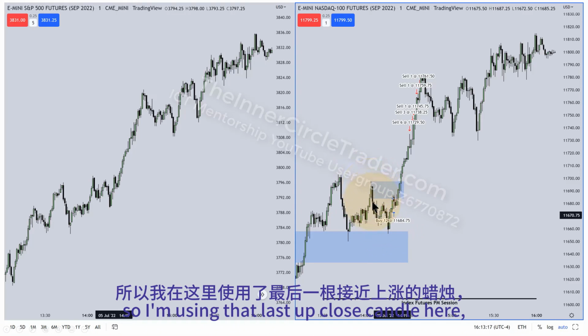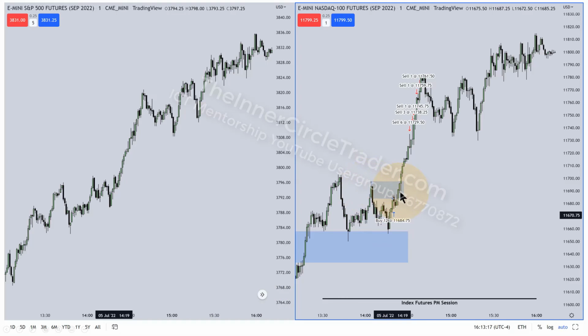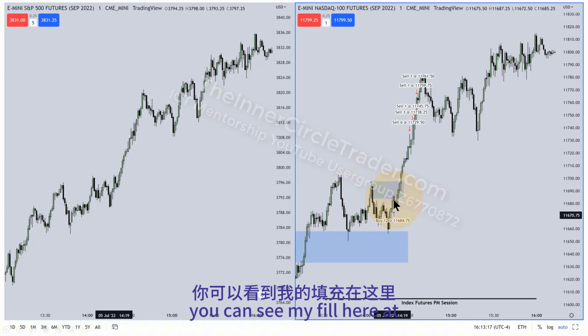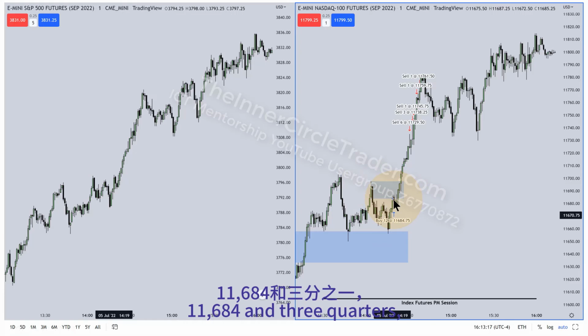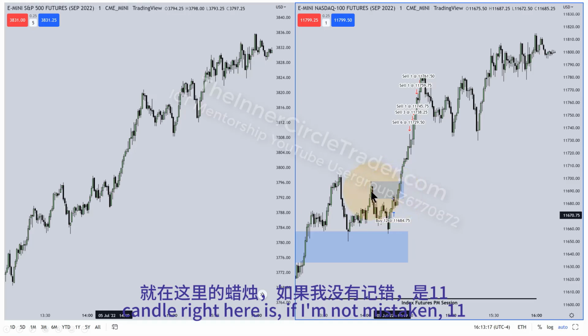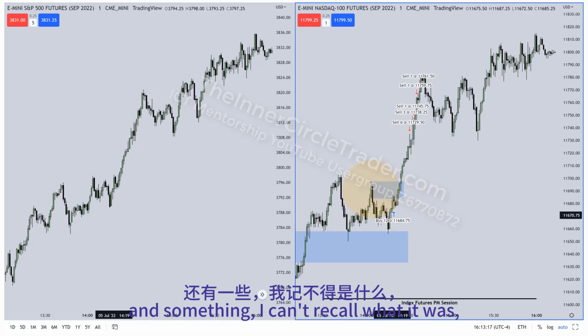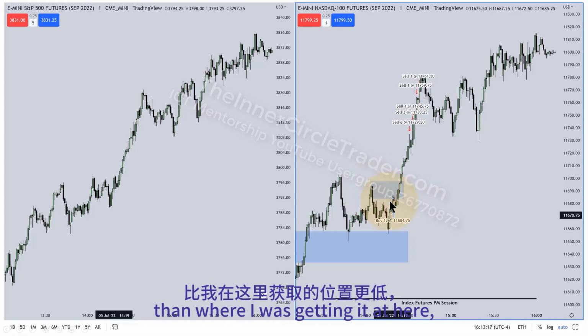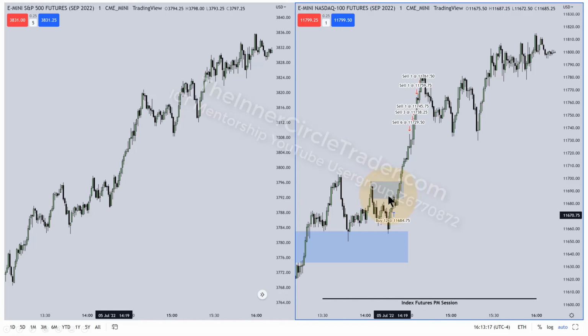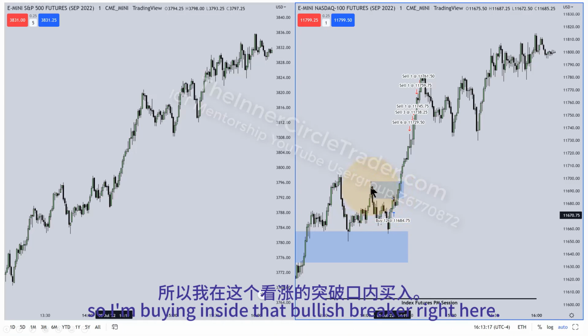So I'm using that last up close candle here, extend that out in time. You can see my fill here at 11,684 3/4, and that candle right here is, if I'm not mistaken, 11,683 and something. I can't recall what it was, but it was lower than where I was getting in at here. So I'm buying inside that bullish breaker right here.